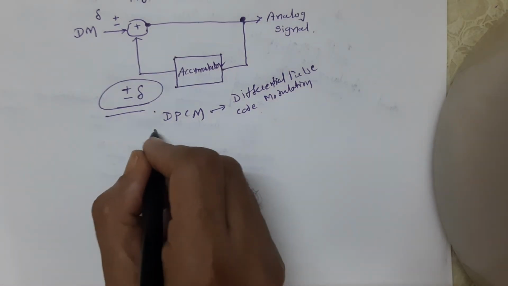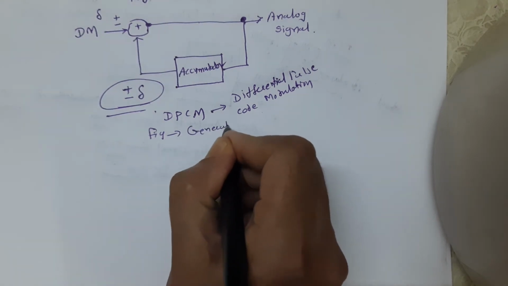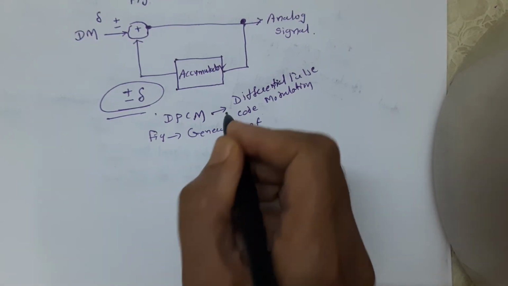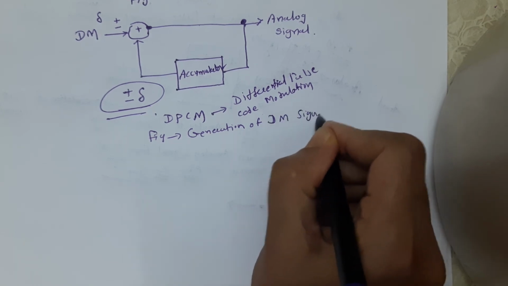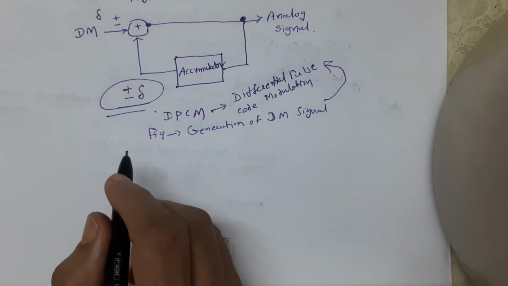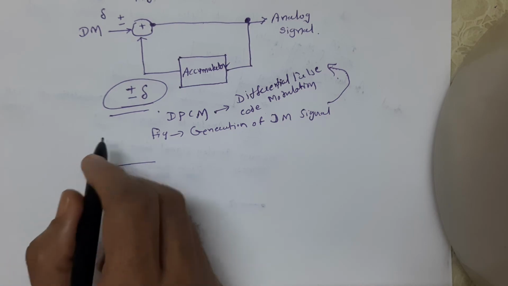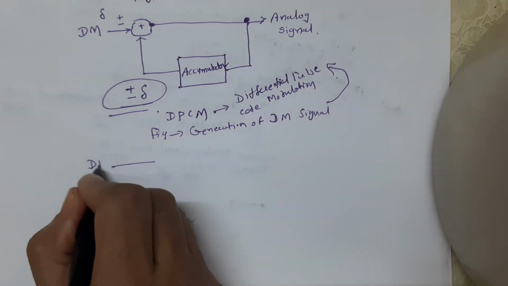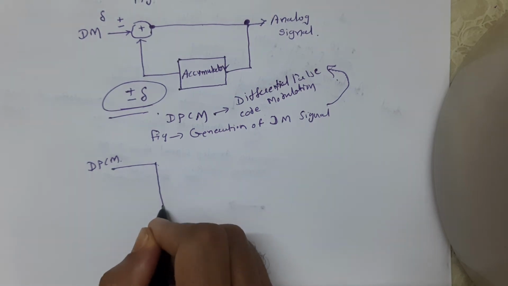This is the figure of generation of DM signal. Now we draw the figure of generation of DPCM signal. So this is your DPCM signal. It is divided into two parts.